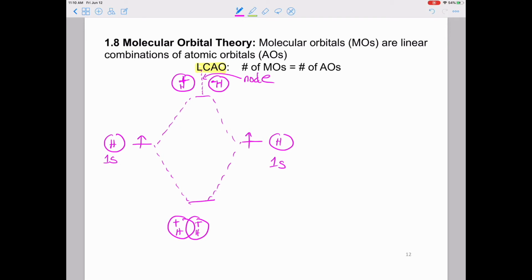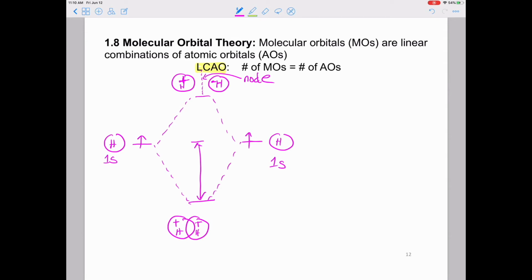Okay, and a node is where there is no electron density. Okay, so if there is no electron density between these two nuclei, it's really not much of a bond. Right, so when you bring orbitals together out of phase, it is of higher energy than when you bring orbitals together in phase.